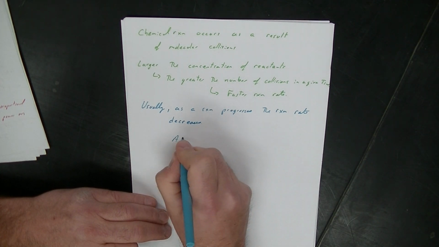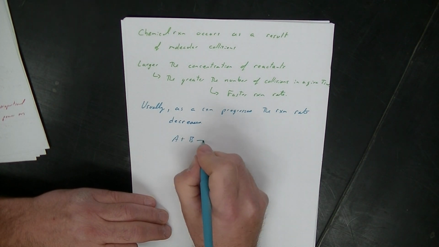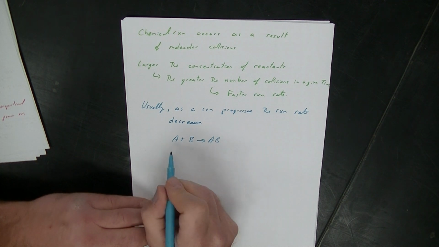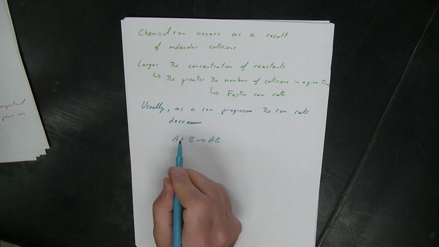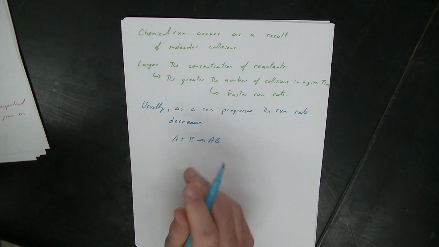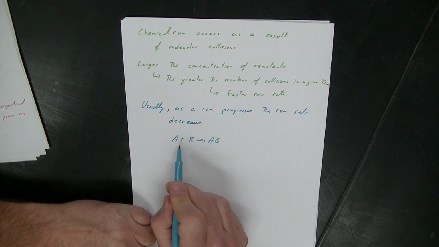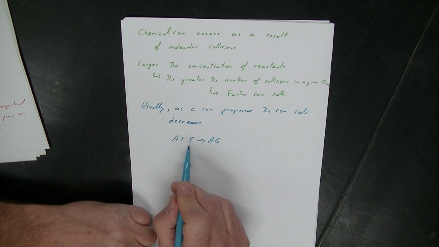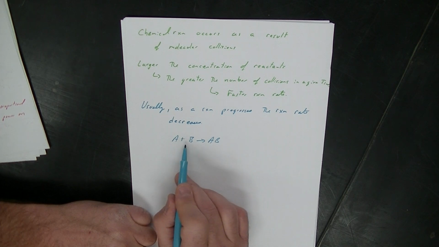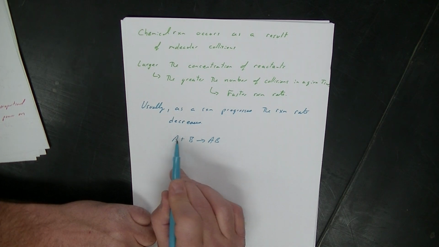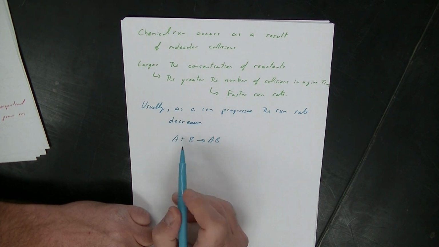So, for example, let's say we have a general reaction A plus B going to AB. At the very beginning of the reaction, the concentration of A and the concentration of B are really high. There's lots of reactant. Okay, which means when the reactions start, there's going to be lots of collisions. As the reaction progresses, though, the concentration of A and the concentration of B are going to go down.